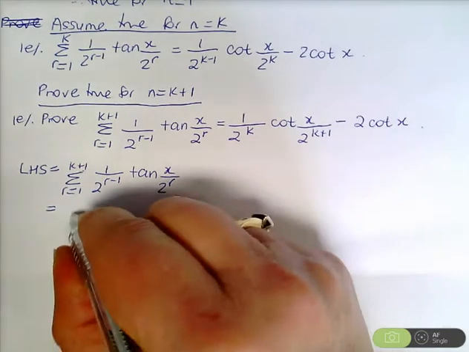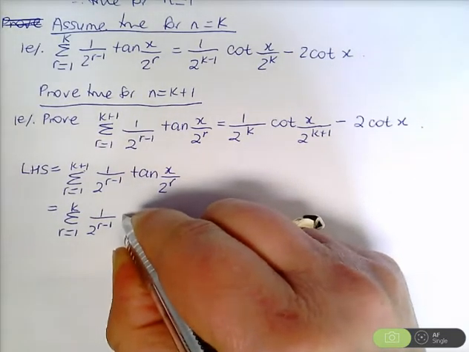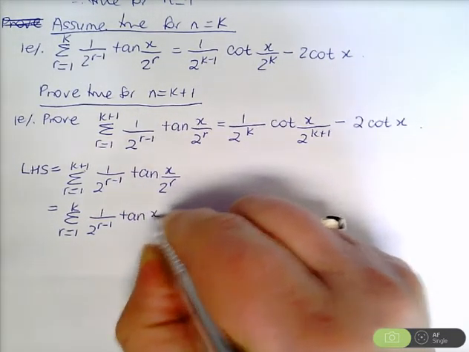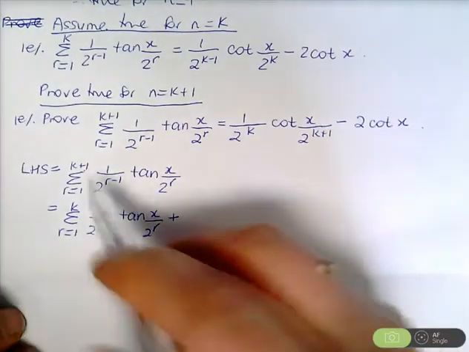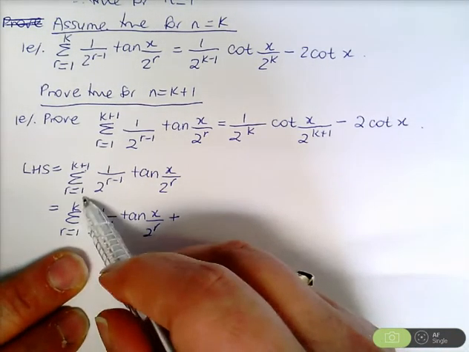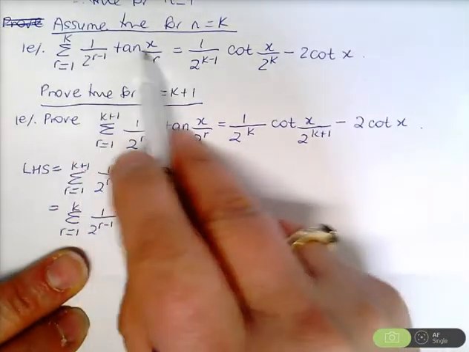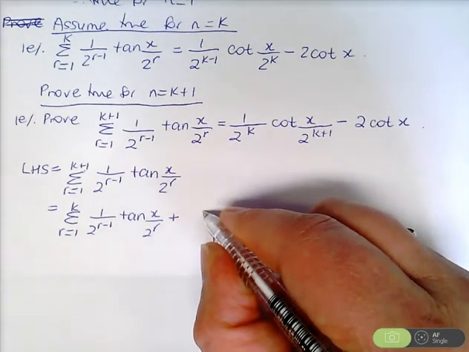To the sum from r equals 1 to k of 1 over 2 to the power of r minus 1 times tan of x over 2 to the r, plus the last term. So if we're going from r is 1 to k plus 1, here we're going to go from r is 1 to k because we can substitute in this assumption, plus we need our last term, the k plus 1th term.